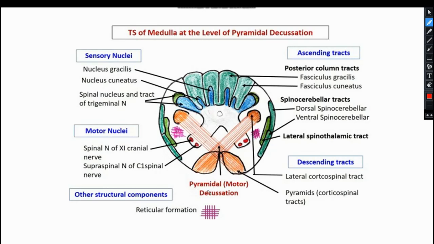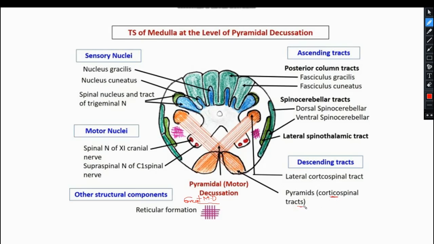This pyramidal decussation is also known as the great motor decussation, and here we can see the pyramid. This pyramid has the corticospinal tract.